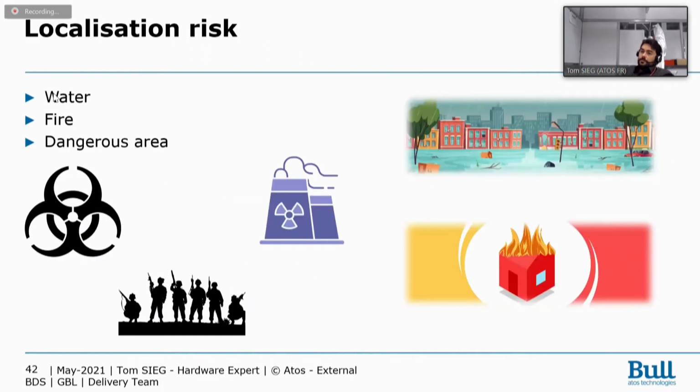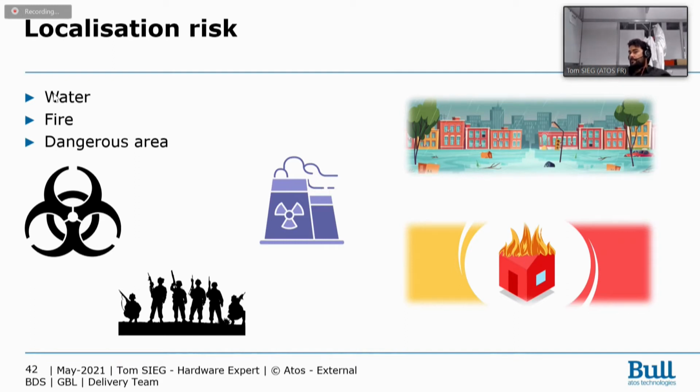Advantage also means risk. The main two risks for a data center are water and fire. You don't want to see your business under the water or in fire.